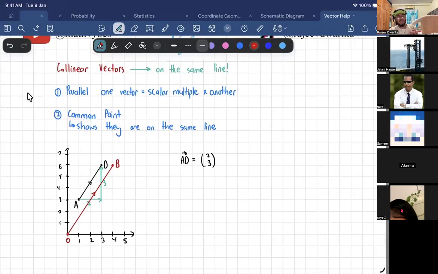Would you say those two vectors, A to D and O to B, are just parallel, or parallel and collinear? Parallel. Do they share a common point?